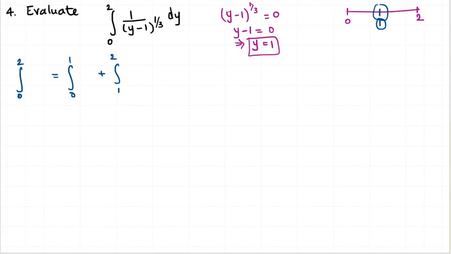Okay, and then what will happen? In the first integral, the function becomes unbounded at 1, that is the upper limit of the integral. And for the second integral, the function becomes unbounded at the lower limit.